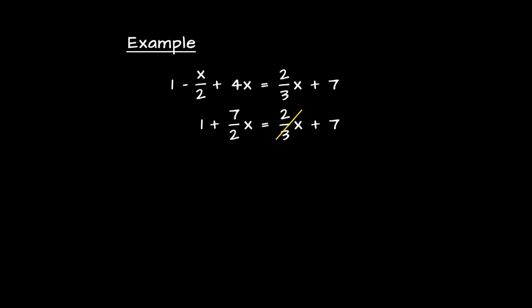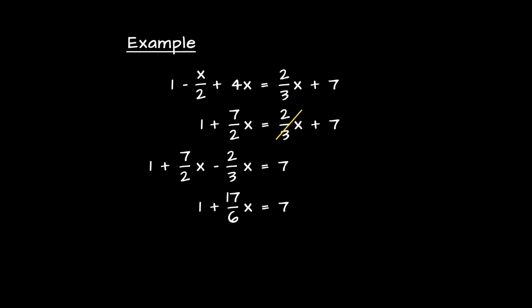That will eliminate it from the right-hand side and give us, on the left-hand side, 1 plus 7/2 x minus 2/3 x, and this will now be equal to just 7. Combining the x terms on the left-hand side by finding a common denominator now gives us 1 plus 17 over 6 x, which is still equal to 7.